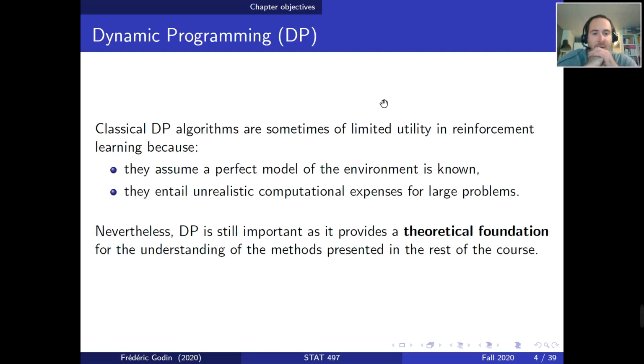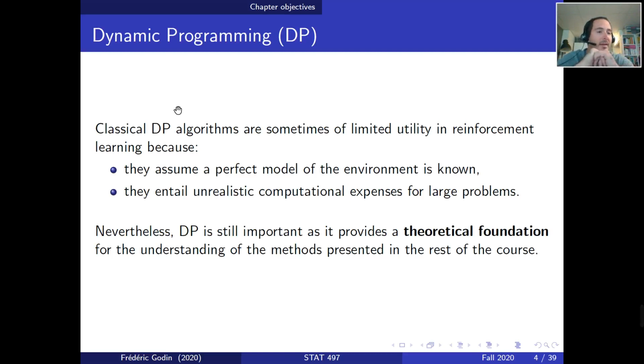As just mentioned, classical DP algorithms, where DP stands for dynamic programming, are sometimes of limited utility in reinforcement learning because of that assumption.